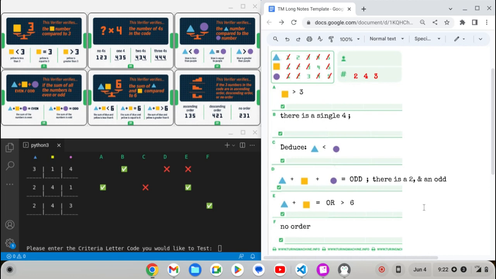I guess technically let me cross out the greater than, since it is equal to 6. And yes, 2 is less than 3. Right, I think we're ready to go to the turingmachine.info and confirm our solution.